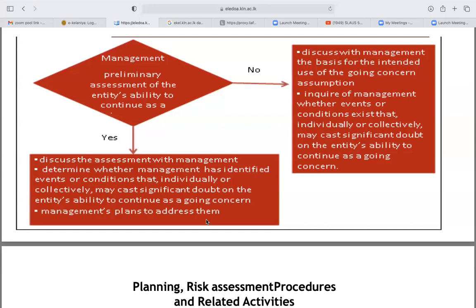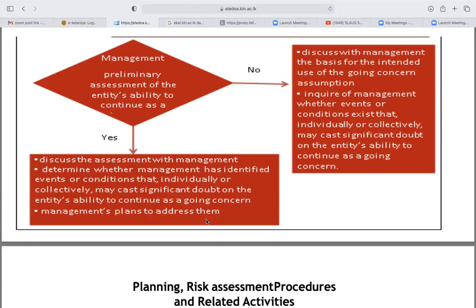And what are the plans that management have to address those deficiencies or those things happening around the assessment, right?